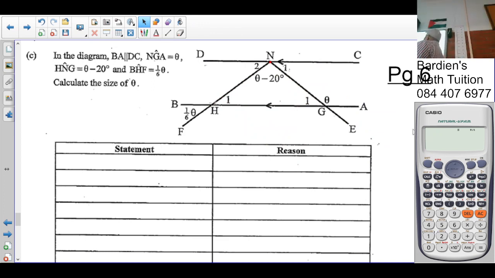So we are told that in the diagram, AB is parallel to DC. So if lines are parallel, we can use alternate, corresponding and co-interior angles.